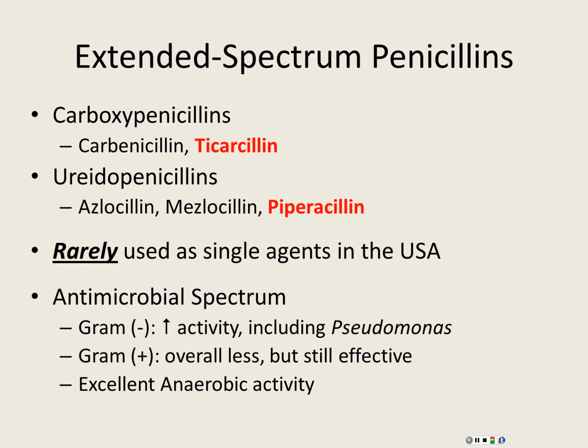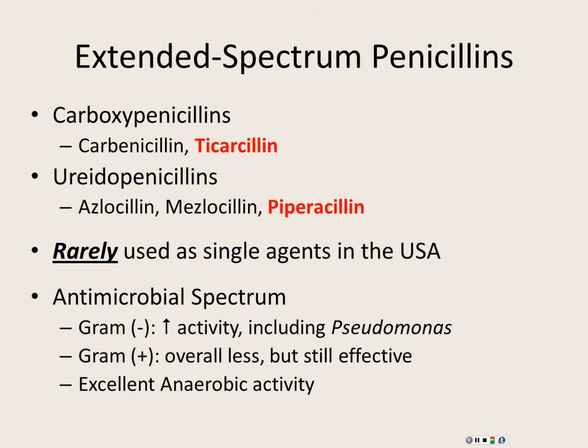So these drugs are very, very good against Pseudomonas, and typically piperacillin is more potent than ticarcillin against Pseudomonas, and that's one of the reasons why it's taken over as our anti-pseudomonal workhorse instead of Timentin. They do have a little bit less gram-positive activity compared to the previous, call them generations of penicillins, although they're still effective.